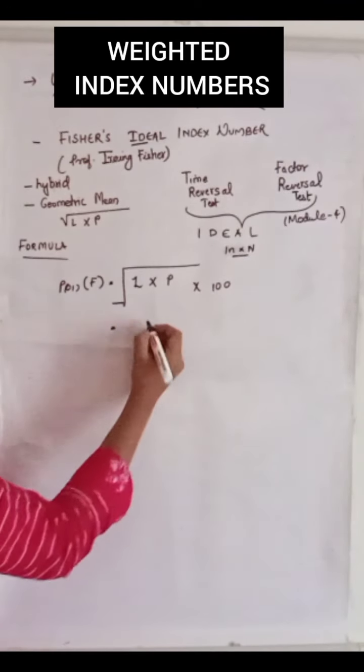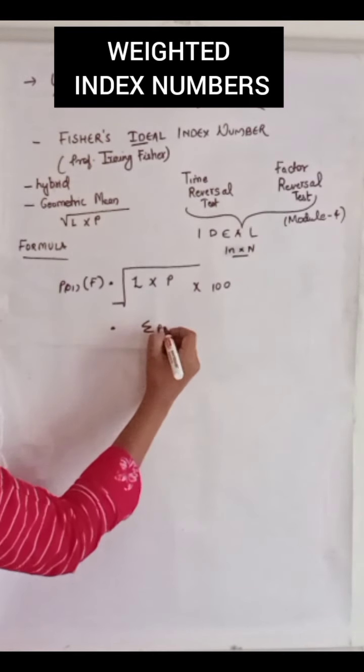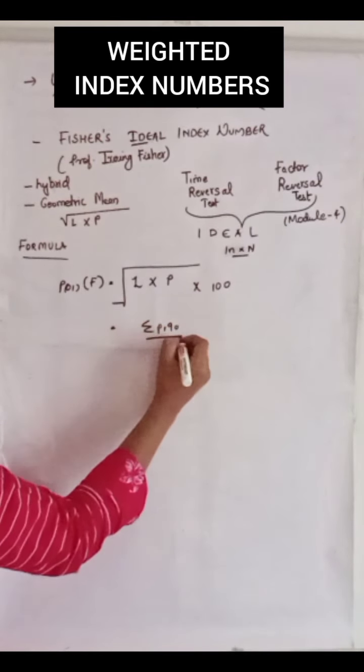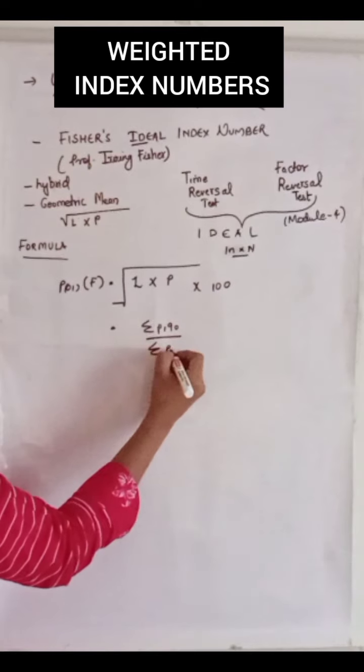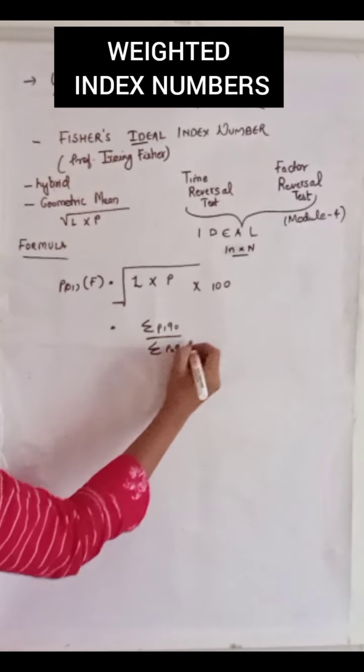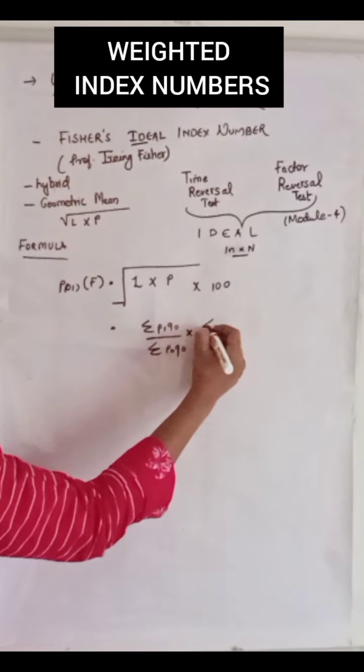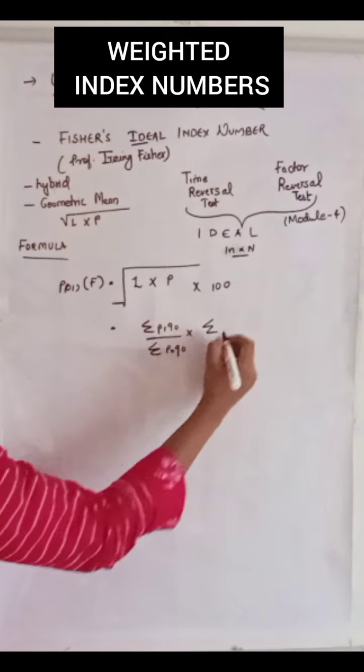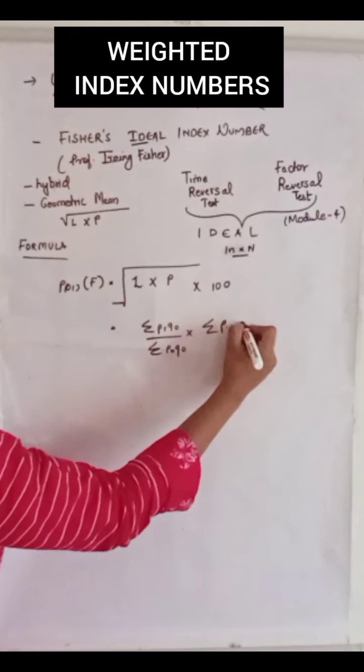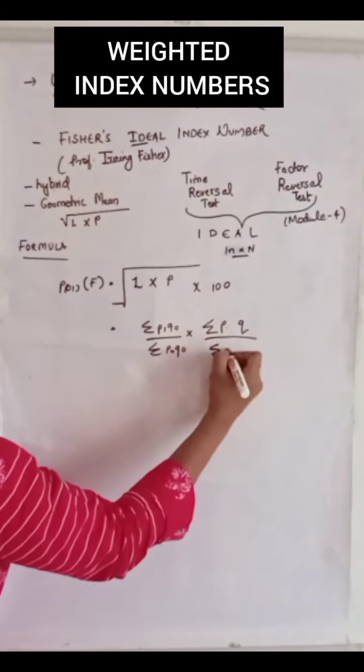That is summation of P1Q0 upon summation of P0Q0, Laspeyres method, into Paasche's method, summation of P1Q1 upon summation of P0Q1.